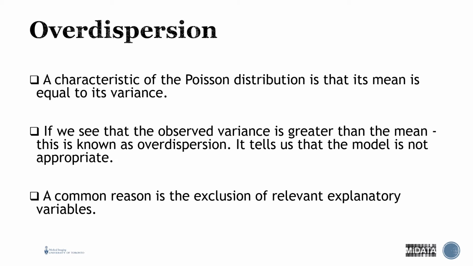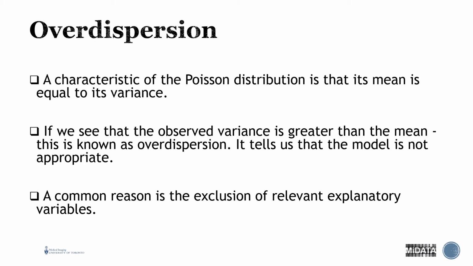So when you're dealing with count data, and in this case the Poisson distribution, you're dealing with over-dispersion, which means that your model does not fit the Poisson distribution. One of the characteristics of the Poisson distribution is that its mean is equal to its variance. So if we see that the observed variance is greater than the mean, and this is known as over-dispersion, it tells us that the model is not appropriate.